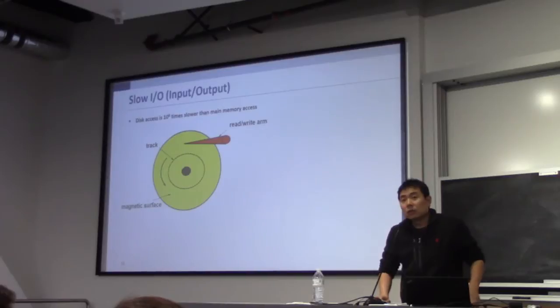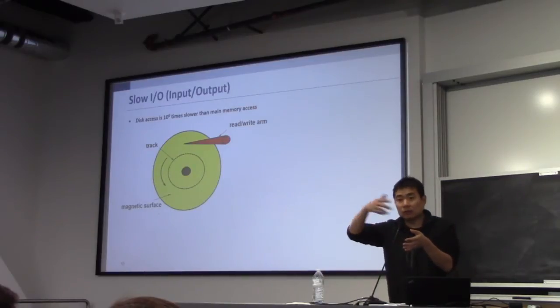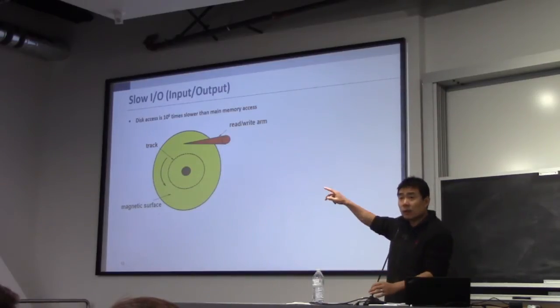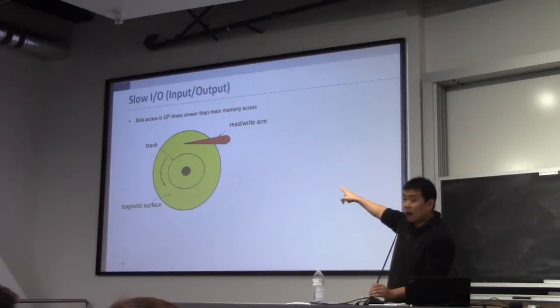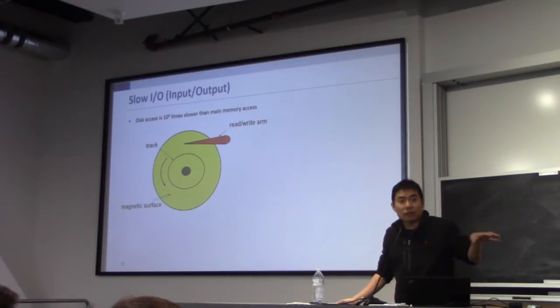That means the way you read or write data is to move the arm around this surface. You align the head of the arm to the surface area that holds the data you would like to read. Then you let the arm do the conversion, and the data is transferred from disk to your memory. So that's a high-level idea. Okay.